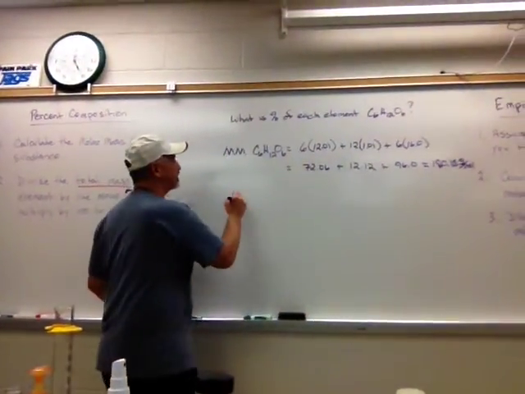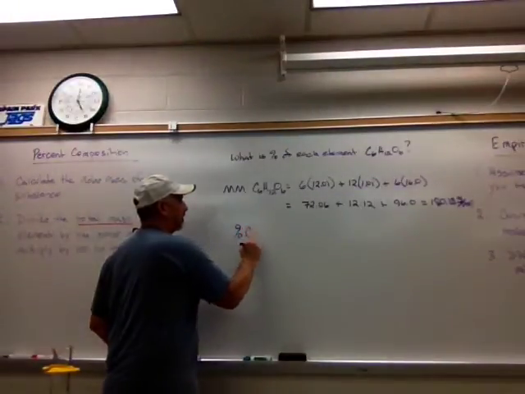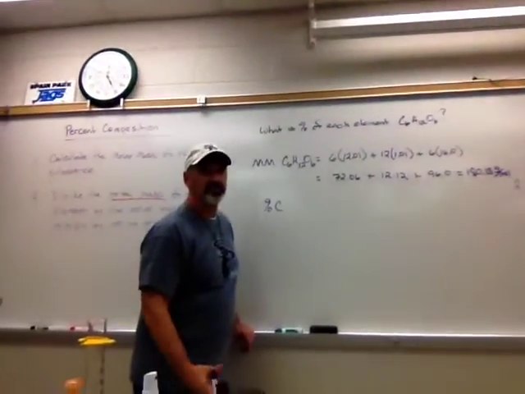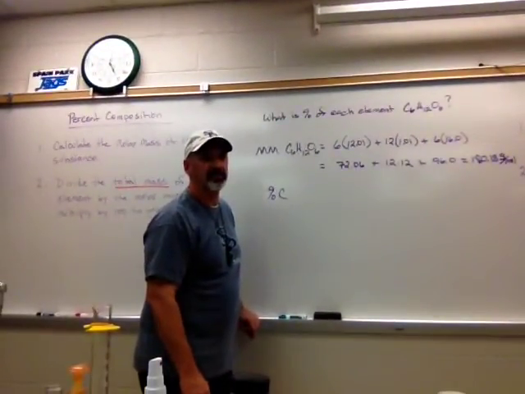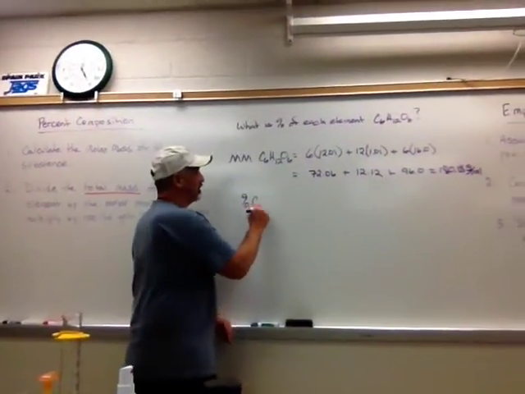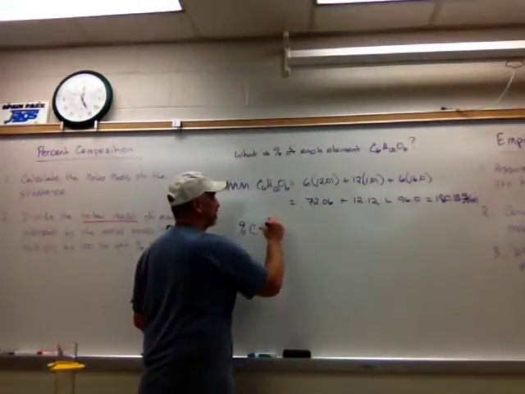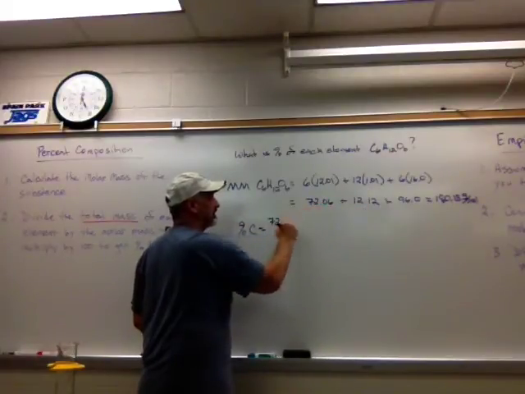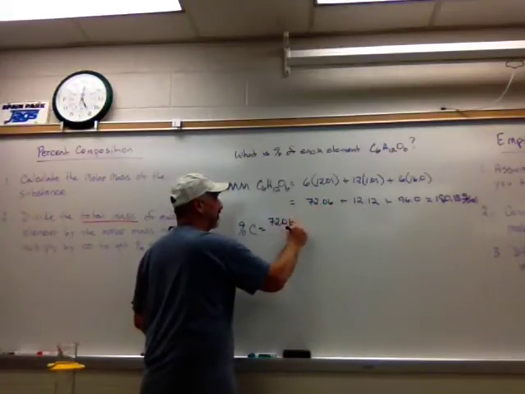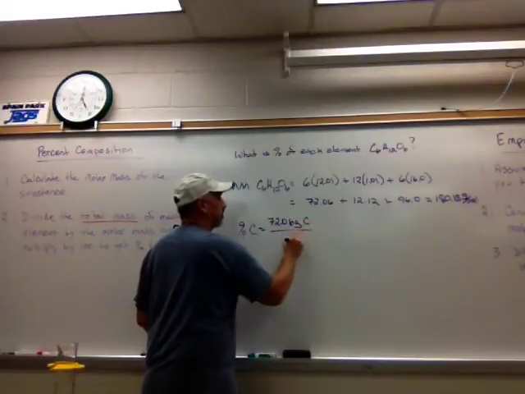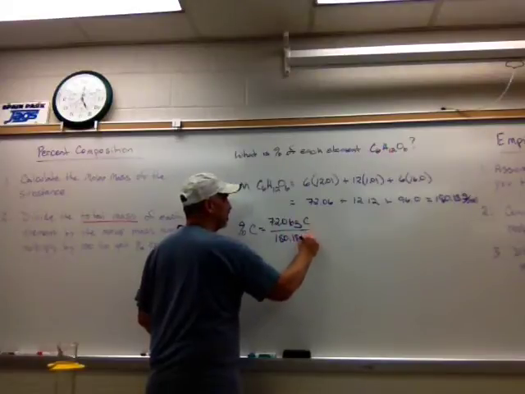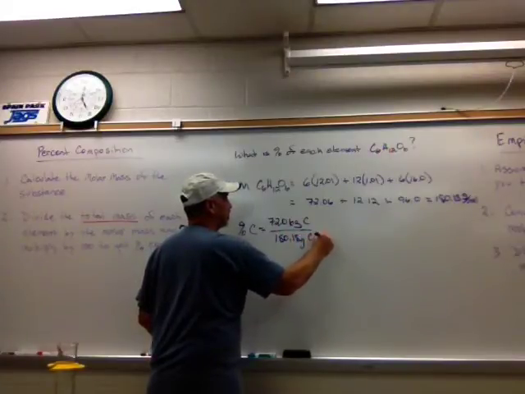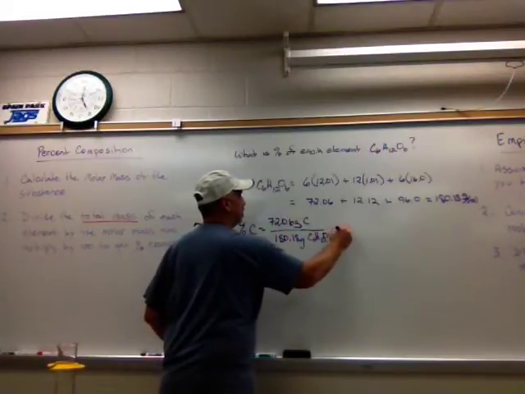So if we want the percentage of carbon, it's going to be the part over the whole. The part that's carbon divided by the whole thing, the molar mass. So the percent carbon is going to equal 72.06, because of the 180, 72 grams of it was carbon. So it's the total weight divided by 180.18 grams C6H12O6 times 100.